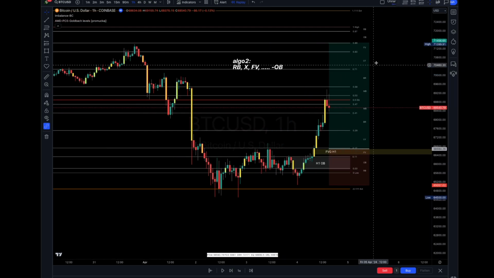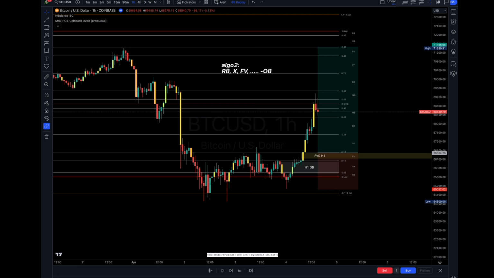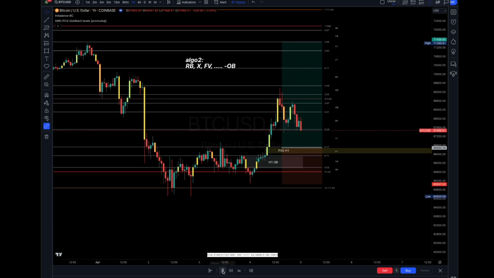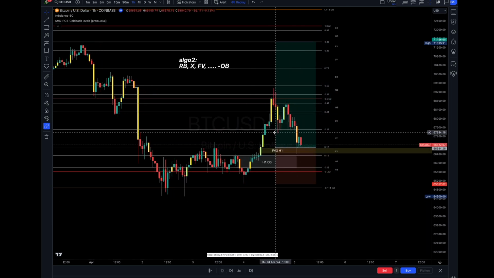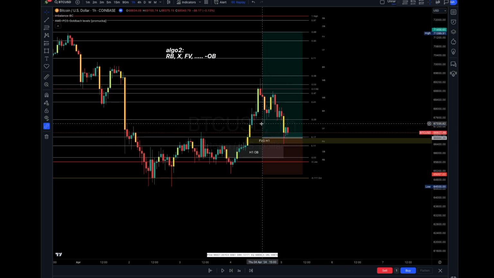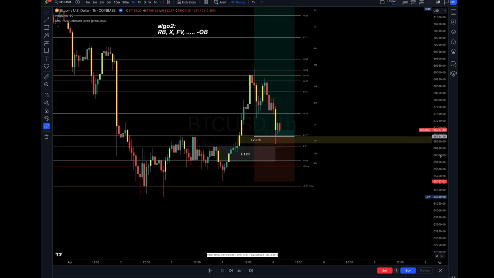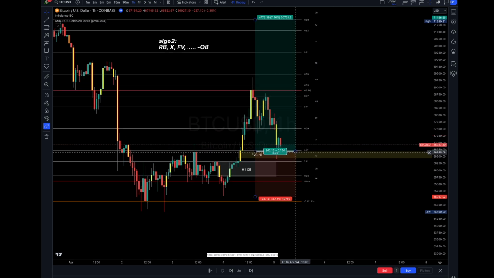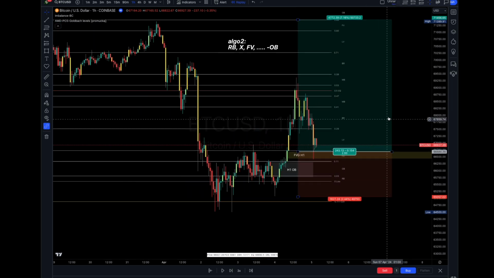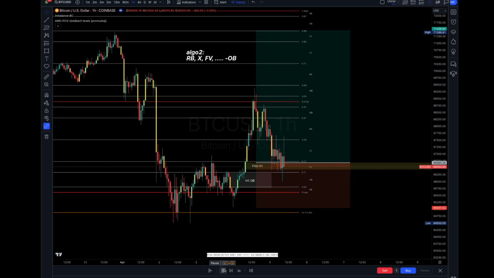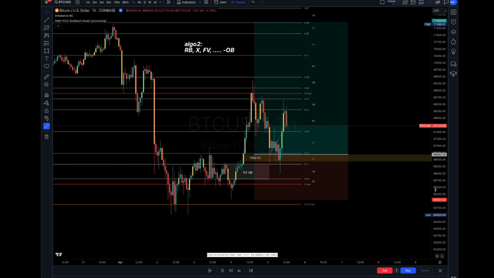So let's play the candles through. So we create some liquidity. See that? We create some liquidity first. And then we fired into the fair value GB level. We are now in the trade. Now, look at the candle bodies.